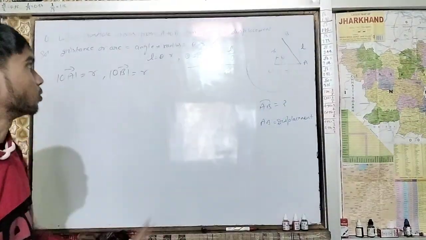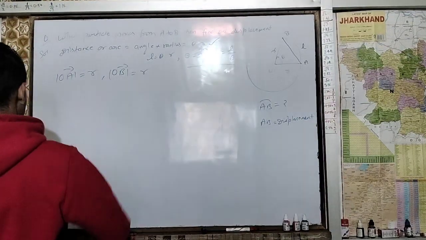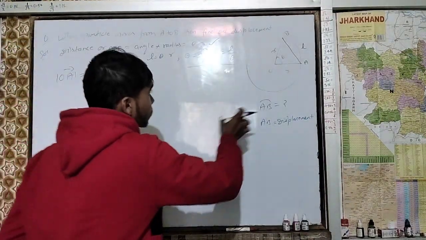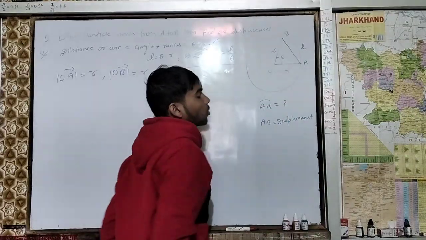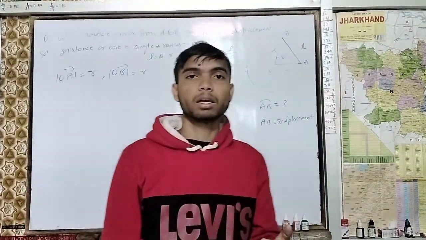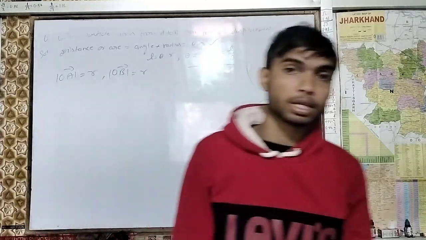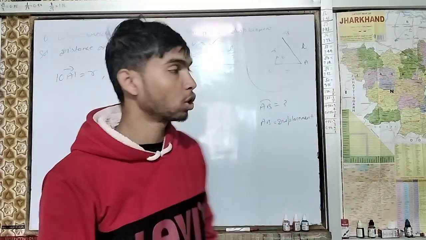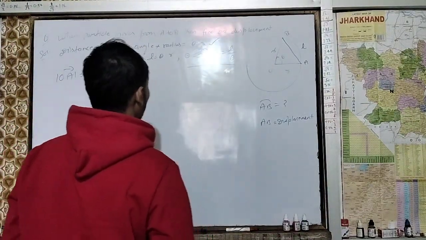We want only the magnitude, only the magnitude as a radius. So of course we have an isosceles triangle whose two sides are equal.